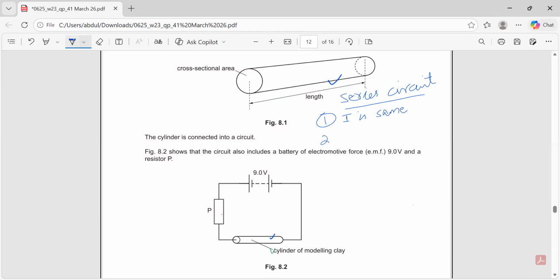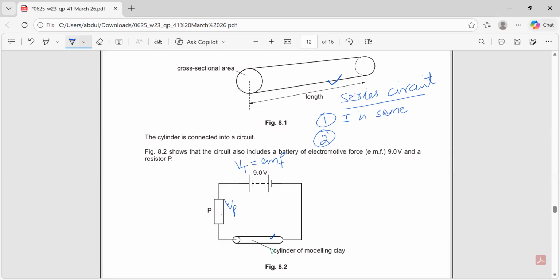And the second point, which we need to know, dear friends, is this one: I can write V total. That is also the EMF of the battery. Here, the potential difference across this resistor, I will call it VP. And one thing, be very careful. See, I wrote V small.